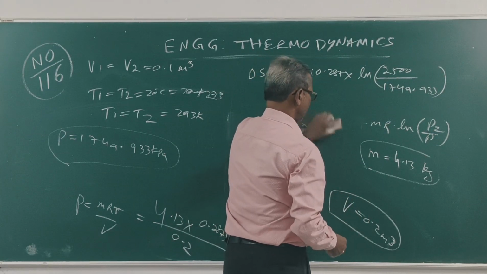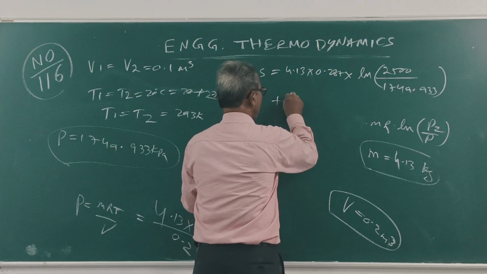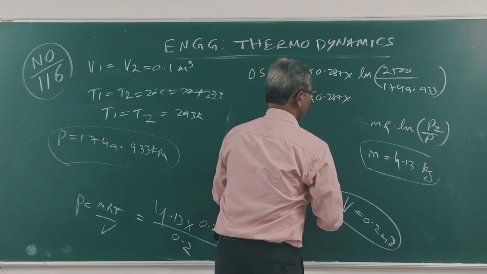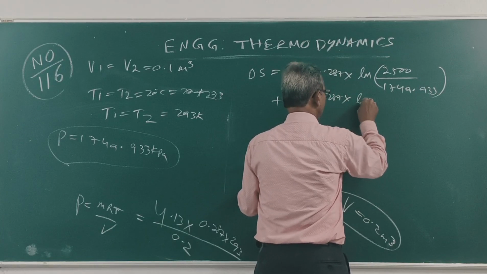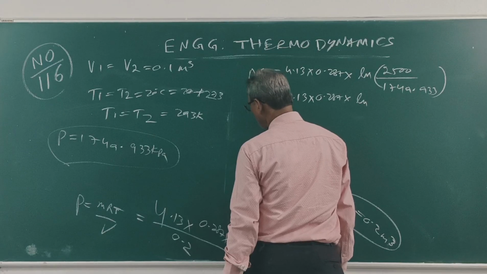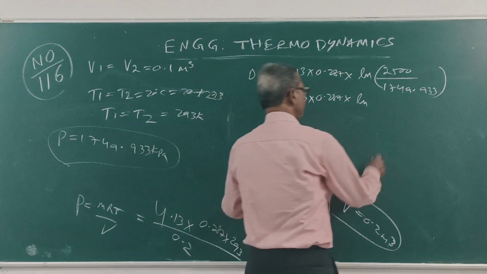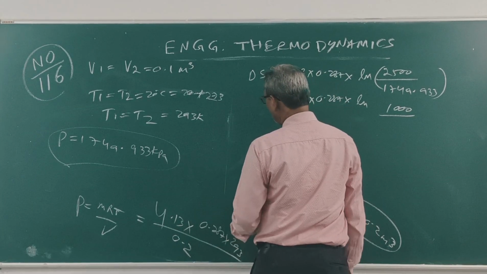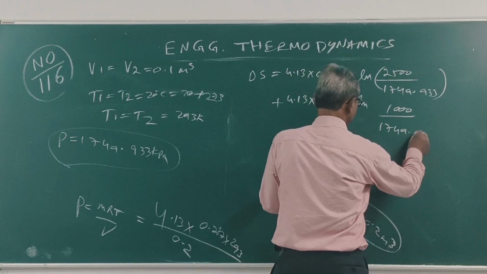Plus M R ln P2 by P, that is 4.13 into 0.287 into ln P2 by P, where P2 is 1000 by 1749.933.